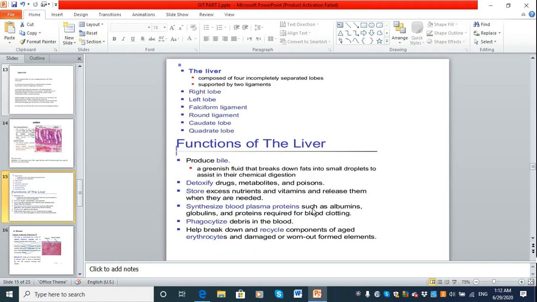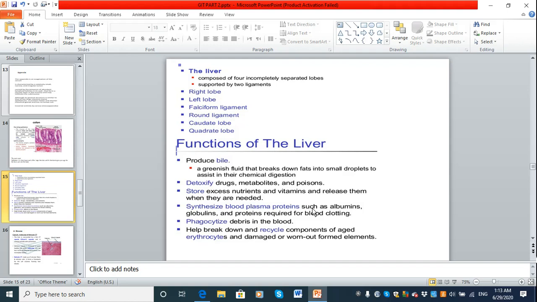We have the liver. It consists of four types of incompletely separated lobes, and it is supported by ligaments. We have the right and left lobe, and we have the falciform ligament, round ligament, caudate lobe, and quadrate lobe.